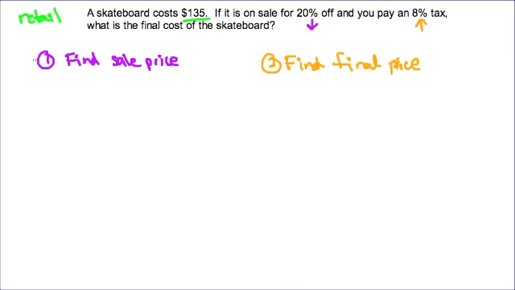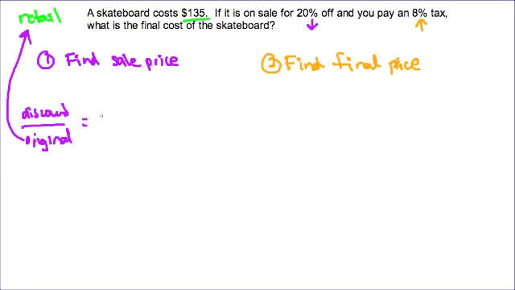I'm going to use a proportion to do this. There's a way to use an equation as well, but I'll use the proportion. To find the sale price, I am going to find the amount of the discount over the original price. In this case, the original price is really the retail price, because that's what the discount applies to.